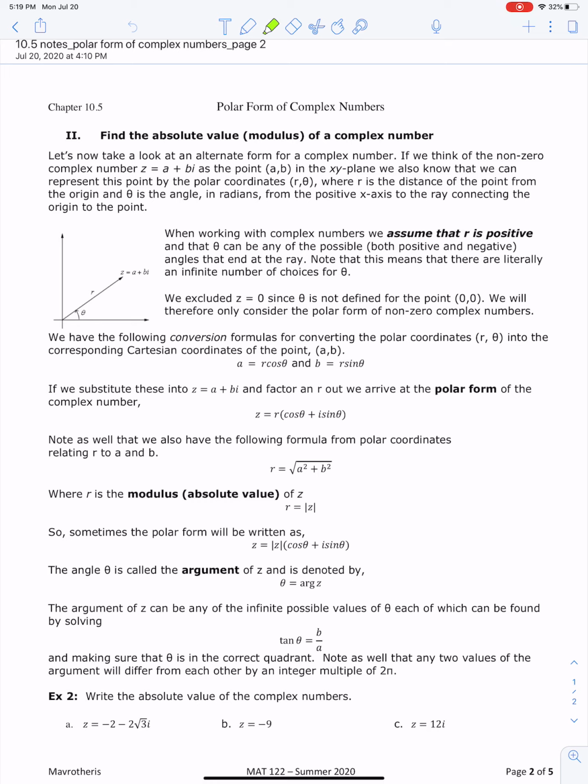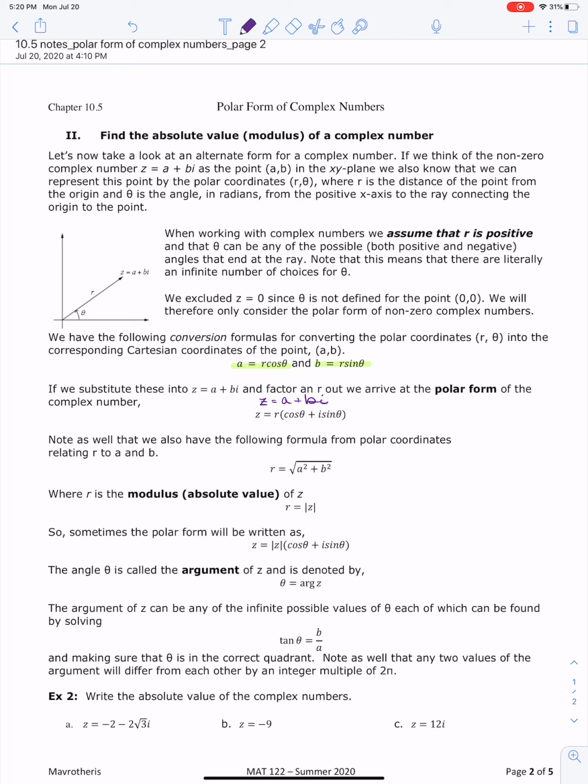And you know what? They are going to look just like they did when we were working with x and y. Here, that real part, the horizontal, our A, is r cosine theta. The vertical part, the imaginary part, that B, is r sine theta. Which means that if we start with a complex number written this way, A plus BI, we end up with r cosine theta being substituted in for A, r sine theta being substituted in for B. We get z equals r cosine theta plus ri sine theta.